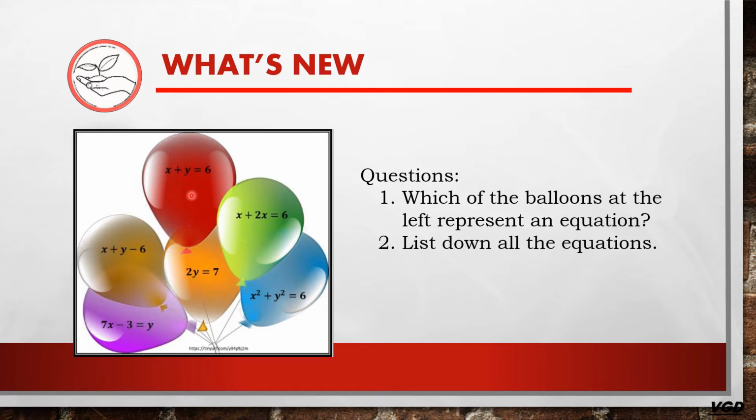Is it an equation? Yes, it is an equation. But how about 2y equals 7? Is it an equation? Yes, it is also an equation. We also have here x plus 2x equals 6. Is it an equation? Yes, it is also an equation.